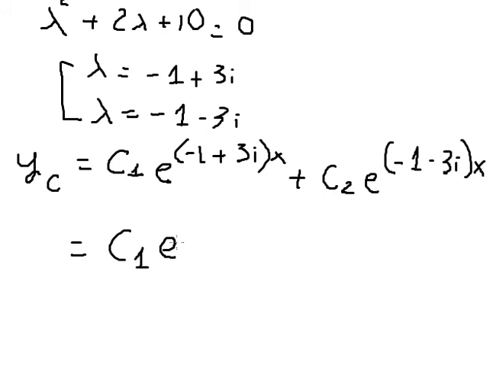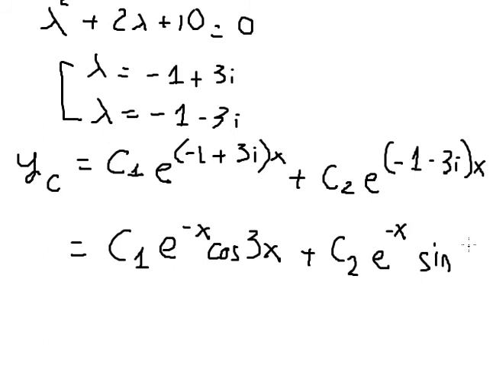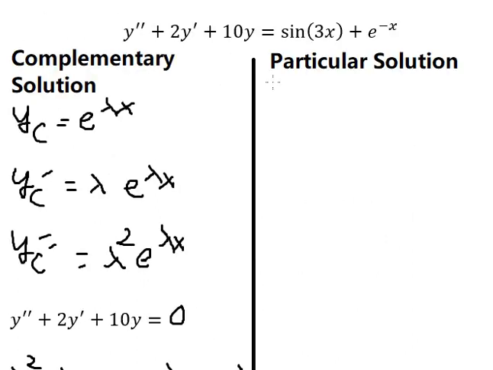That is e to the power of negative s cosine 3s, and c number 2, e to the power of negative s sine 3s. Now, that's the complementary solution. Let's go to the particular solution.